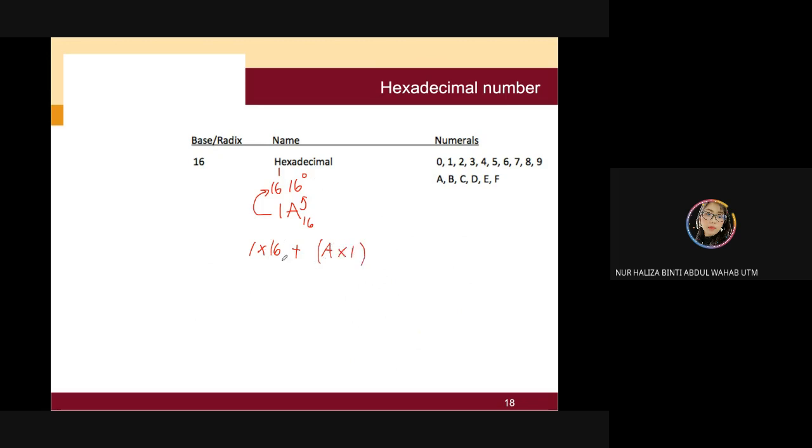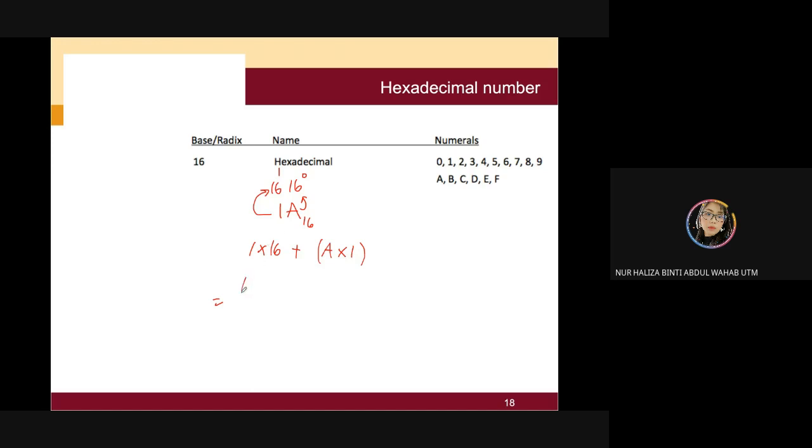Why is this one 16? Because 16 to the power of 1 will be 16. And A, you put here as 16 to the power of 0. It will be 1. So what is your value in decimal?